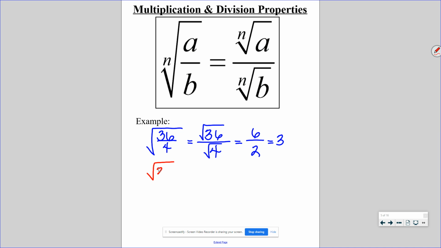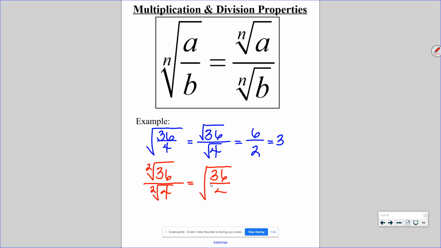So if I were to have a square root of 36 and a square root of 4 written like this, I am allowed to also turn it back into one big radical, considering that they both are the same kind of radical. So both square roots or both cube roots or what have you. Here's how that would work.